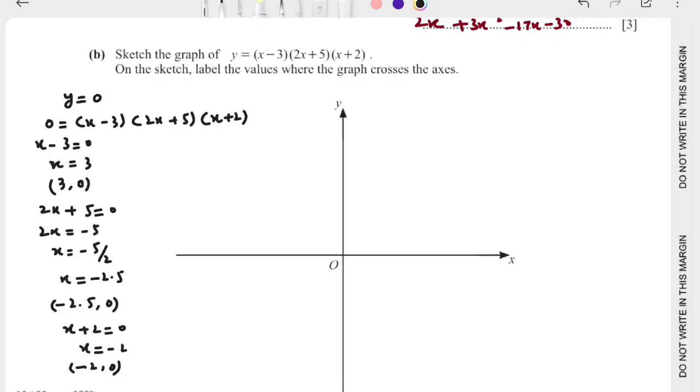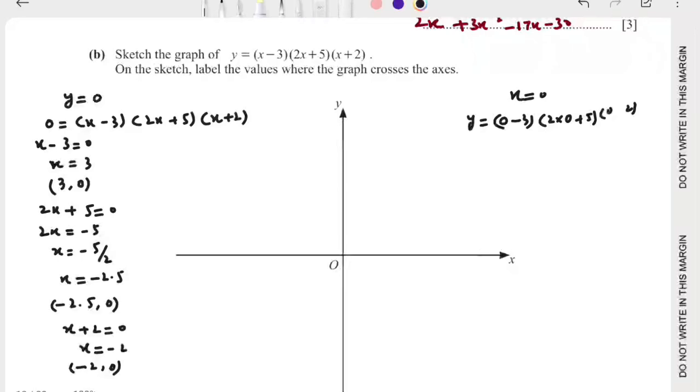For that purpose we have to put x equal to 0. So y = (0 − 3)(2 times 0 + 5)(0 + 2). In place of x we write 0.